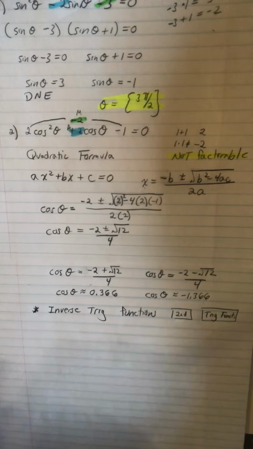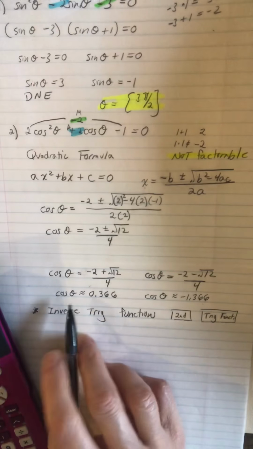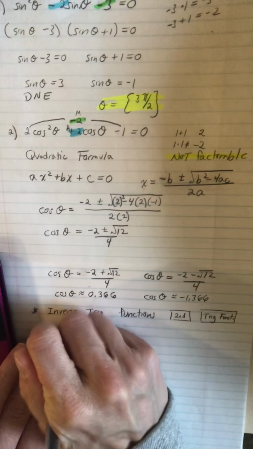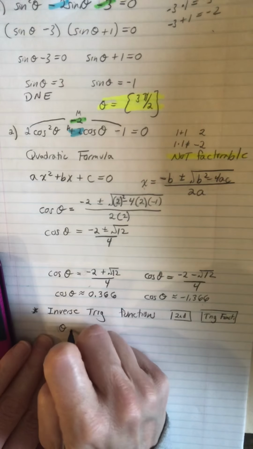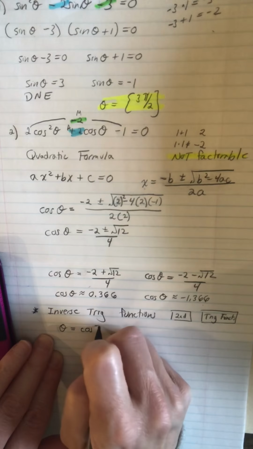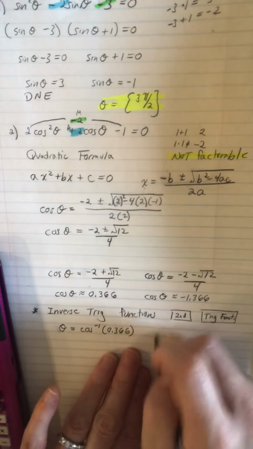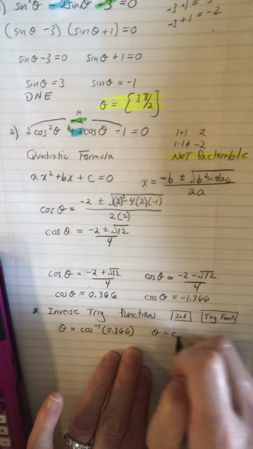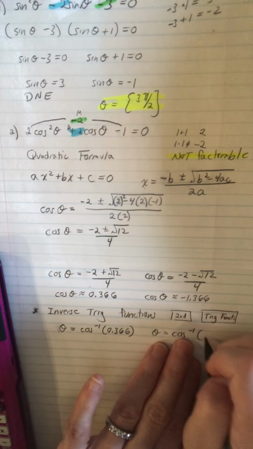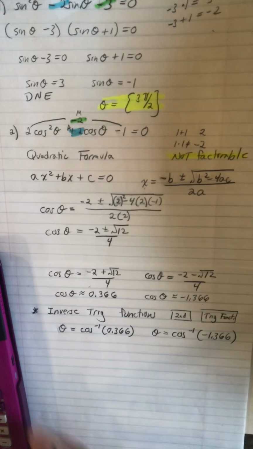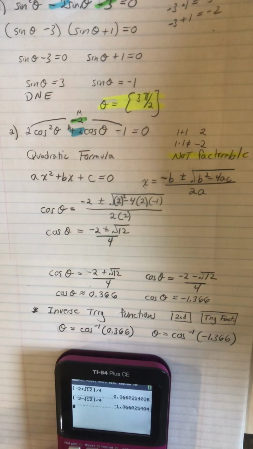If I want to find theta, theta will be equivalent to the inverse cosine of 0.366. Here, theta will be equivalent to the inverse cosine of -1.366.